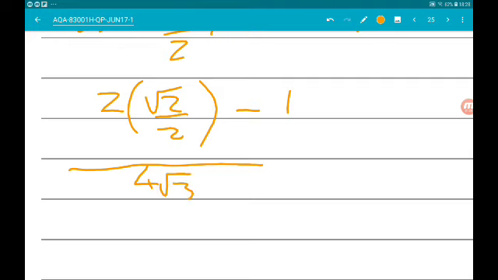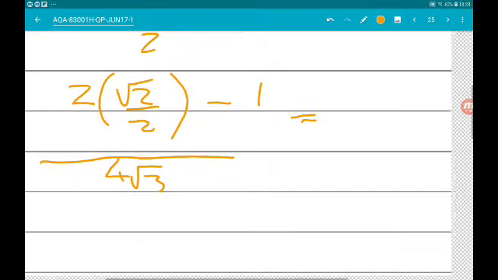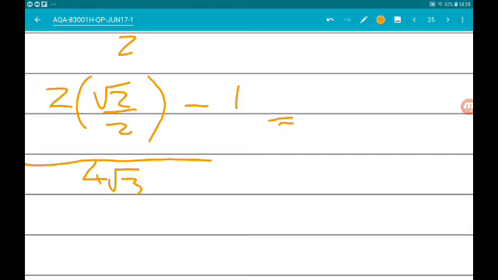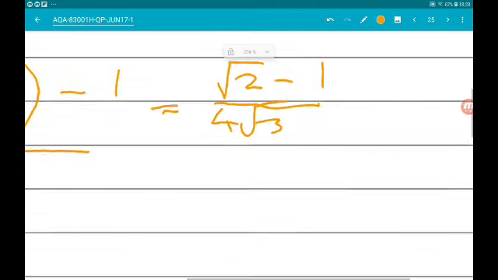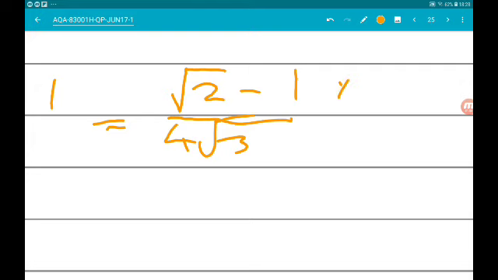Now, the first bit simplifies a bit. 2 times root 2 over 2 is just root 2. So we've got root 2 minus 1 all over 4 root 3. Now we need to rationalise the denominator. So we're going to multiply the top and the bottom by root 3.